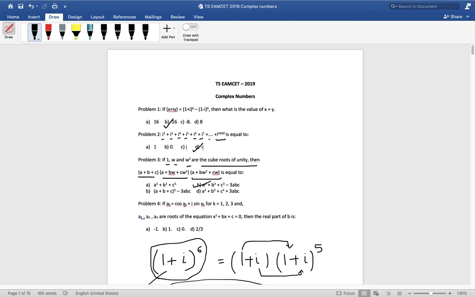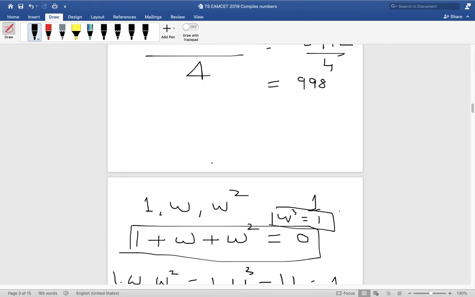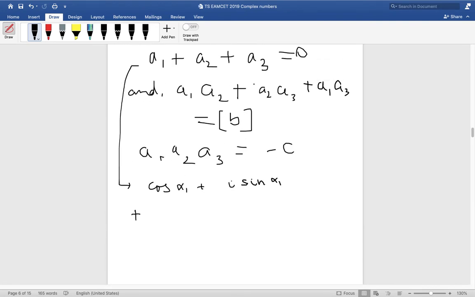I've written x over here, sorry. So A1 is equal to cos alpha 1 plus iota sine alpha 1. A2 is equal to cos alpha 2 plus iota sine alpha 2. And A3 is equal to cos alpha 3 plus iota sine alpha 3. Okay, so we will have to write A1 plus A2 plus A3 is equal to 0. This will be written in this form.